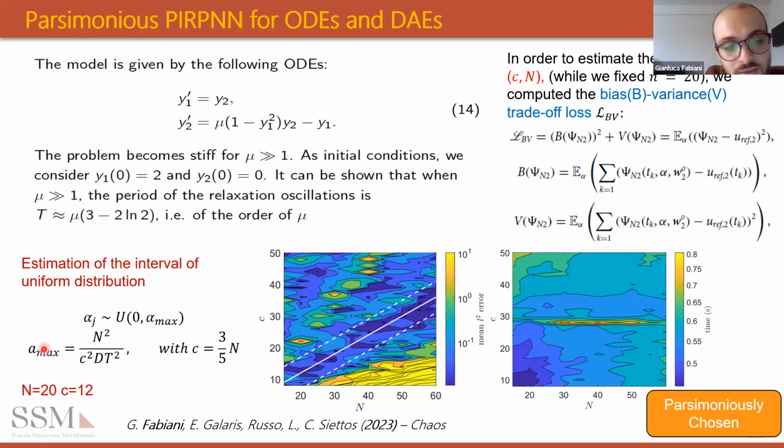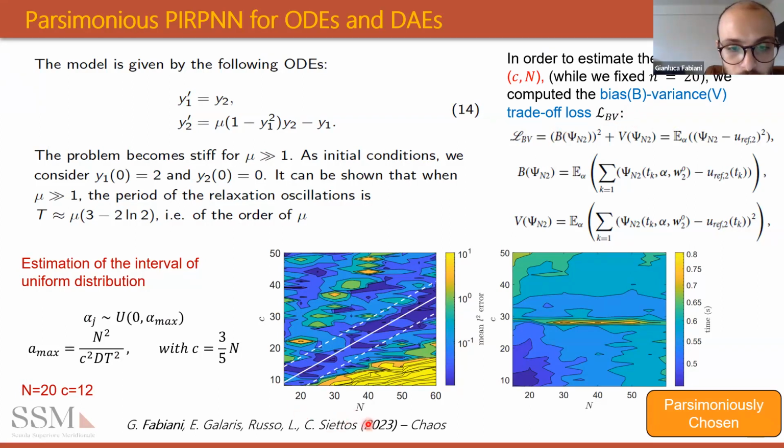We found analytically that this alpha max should be proportional to the number of neurons squared divided by the length of the interval squared, and we put this 1/c squared as the proportionality constant. And actually we use as loss function not only the error, but a bias-variance trade-off loss.